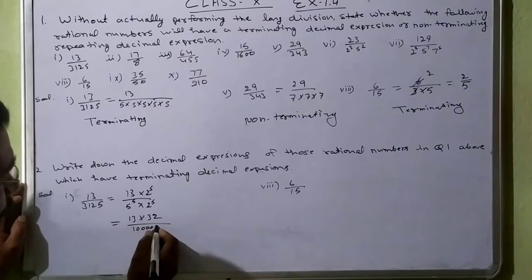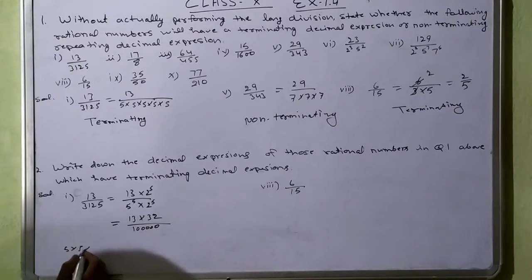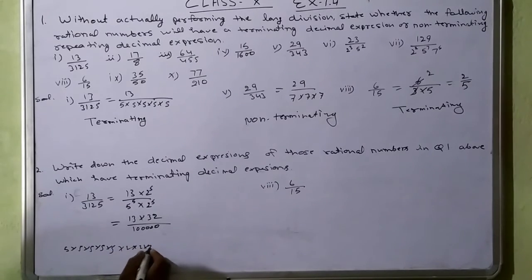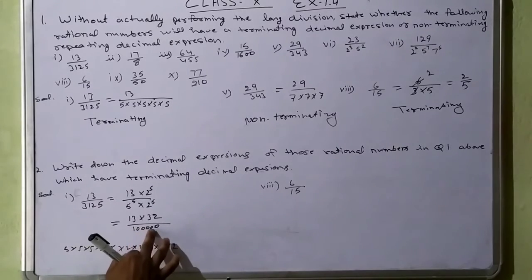If you multiply 5 into 5 into 5 into 5 into 5, and 2 into 2 into 2 into 2 into 2, that 5 twos are 10, 5 twos are 10, five times. It means 5 times 0 is coming.